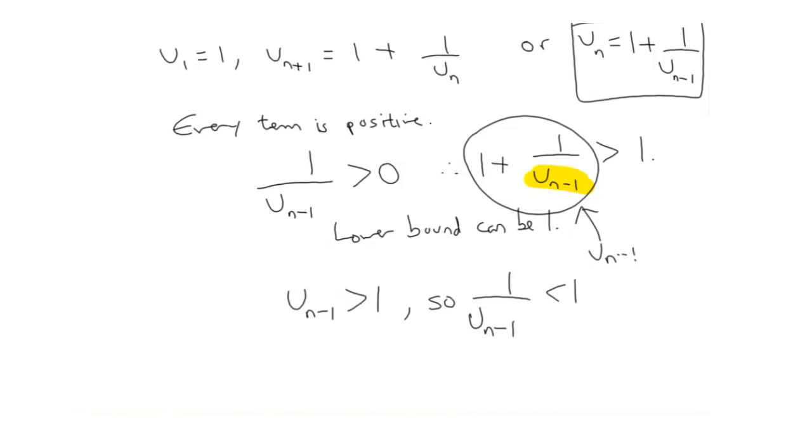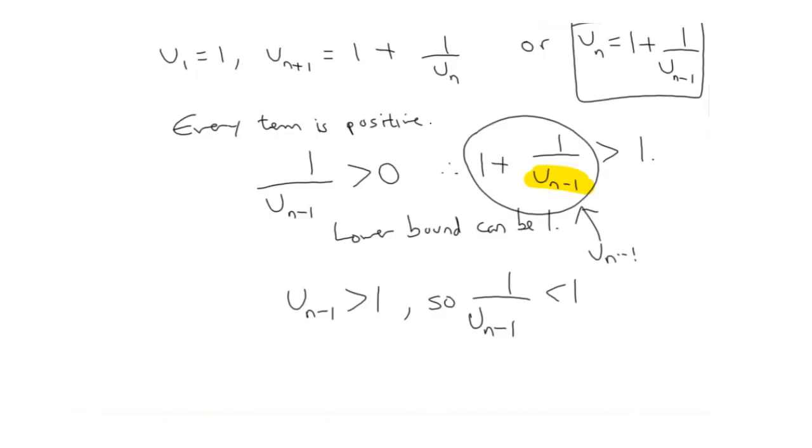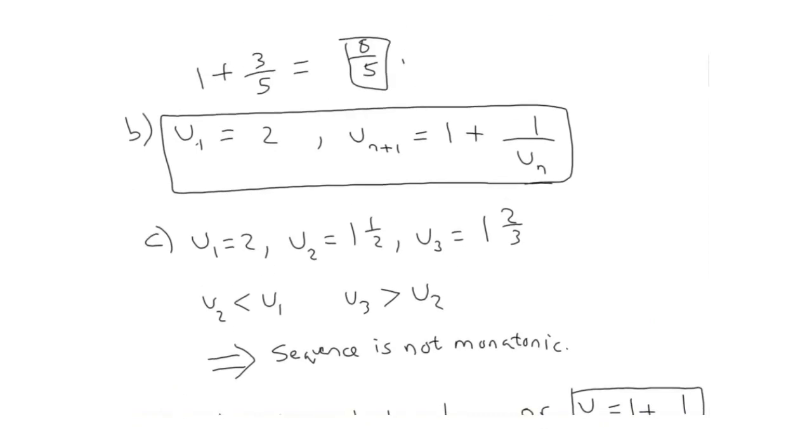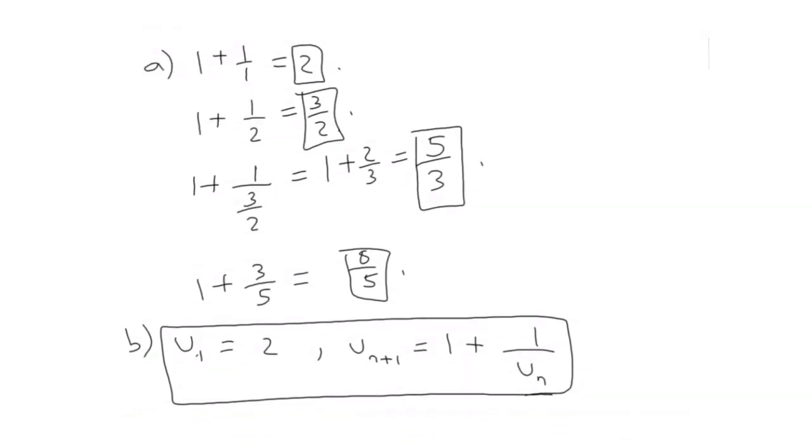And if you look at the terms we were using, if you just look at the 4 terms we actually calculated, that is true. The reciprocal part was always less than 1. So if you just look at this bit, for example, apart from the first term, that's less than 1. The reciprocal part, as in the 1 over U(n-1), 1 over the last term, is always less than 1. We can see that, so that holds up.